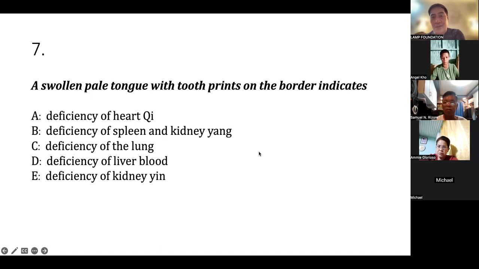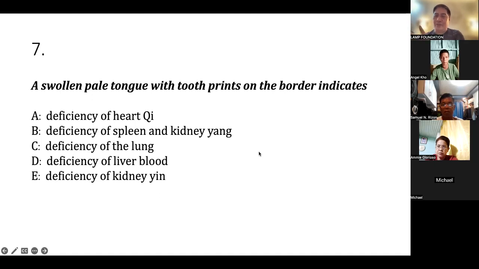And what about kidney yin deficiency? You will see cracks, or no coating on the posterior third of the tongue. Okay? And we usually consider the age. If you are not young anymore, 50-ish, 60-ish, we always look at the kidney and the liver.